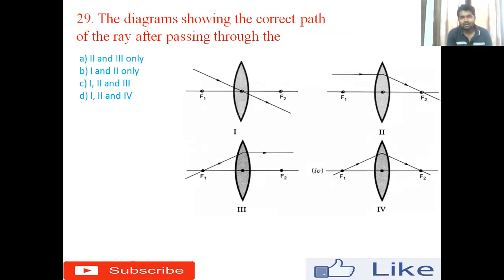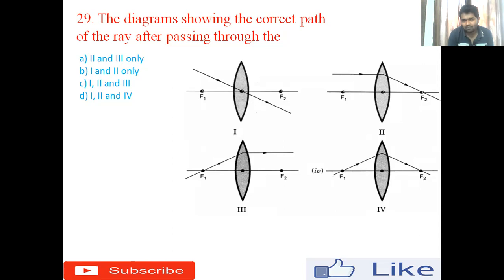29th one: the diagram showing the correct path of the ray after passing through the lens. Option A, second and third. Option B, first and second. Option C, 1, 2, 3. Option D, 1, 3, 4. See, this is one of the most important concepts we have to remember.